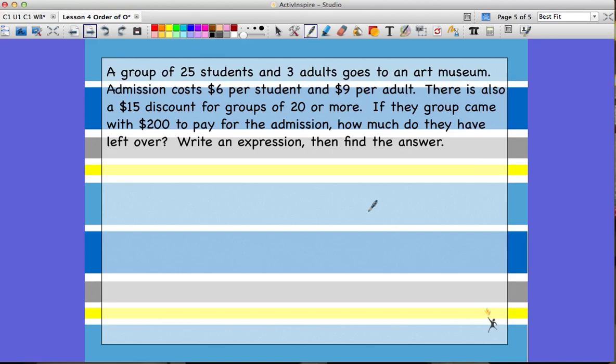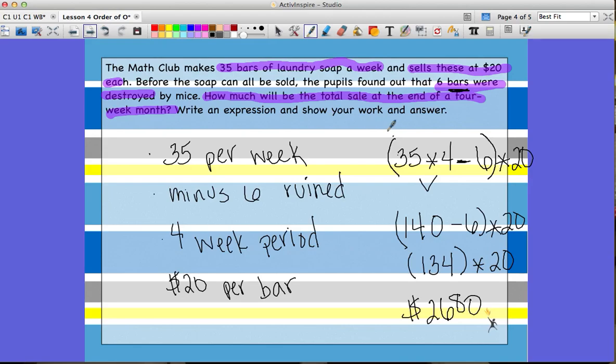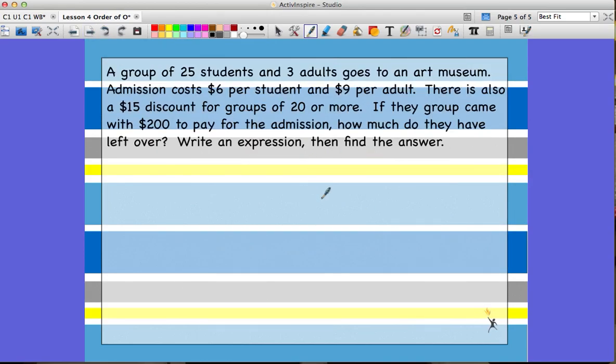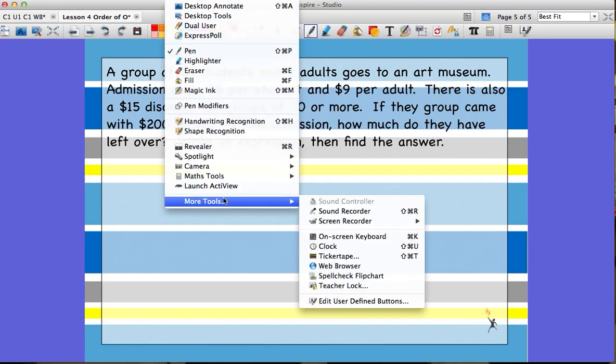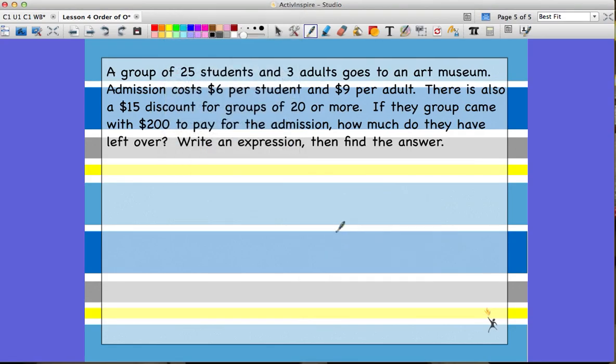Again, you're going to write an expression first. Just like we did back here, first we wrote this expression, and then we found the answer. So that's what I need to see on Edmodo. I need to see the expression and then the answer. When you're putting a multiplication sign on there, do not use an X. You can actually use the 8 key.